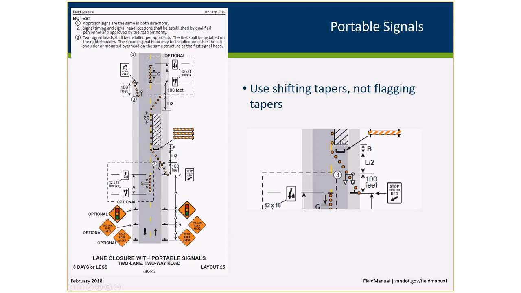So on the portable signals, we modified both this taper and the downstream taper to be L/2. That's a shifting taper distance that we're using there as opposed to the 50 foot. So that's a pretty big change that was made to the portable signals.